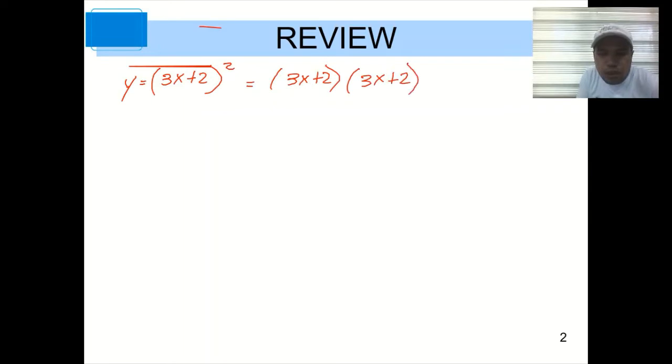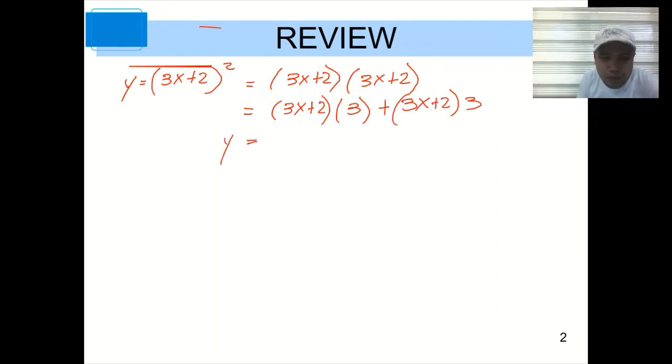In this problem, if we apply the product rule, this becomes 3x plus 2 times the derivative of the second, which is 3, plus the second, which is 3x plus 2, times the derivative of the first, which is 3. And so, when we simplify this, we get y prime is equal to 18x plus 12.